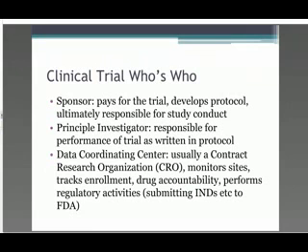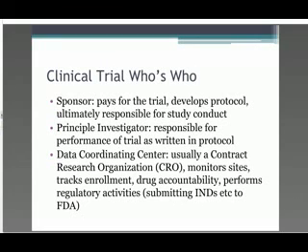So in terms of who's who here, the sponsor pays for the trial, develops the protocol, and is ultimately responsible for study conduct. The principal investigator is responsible for performance of the trial as written in the protocol. The Data Coordinating Center, and again this has to do probably more with NIH, although there are data coordinating centers for pharma, is usually a contract research organization, or CRO, which monitors the sites, tracks enrollment, takes care of drug accountability.